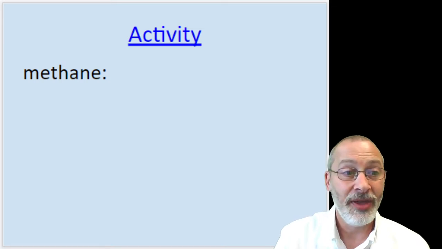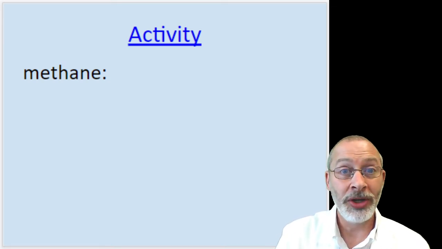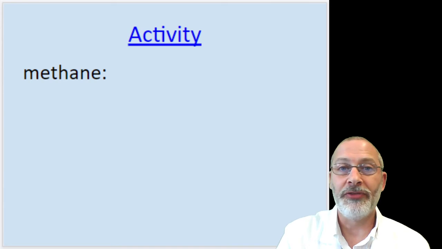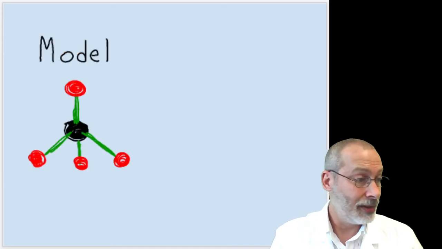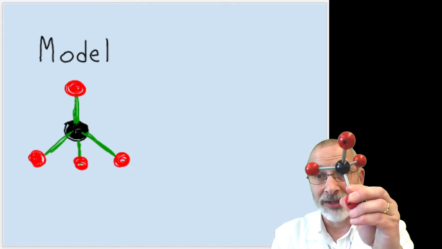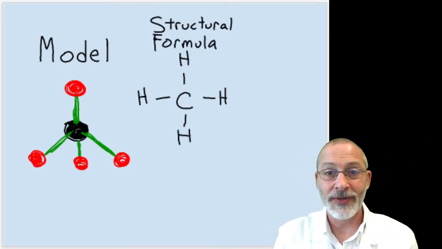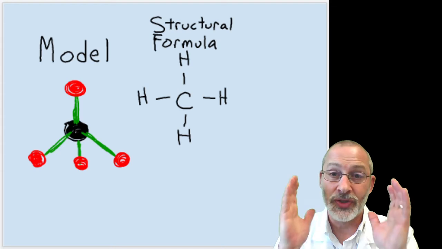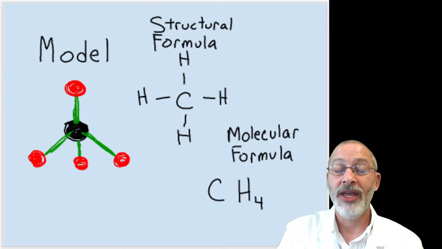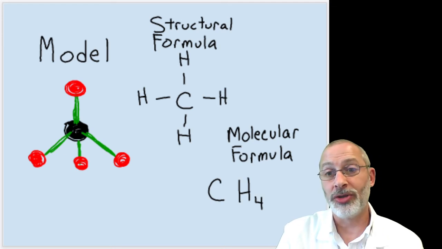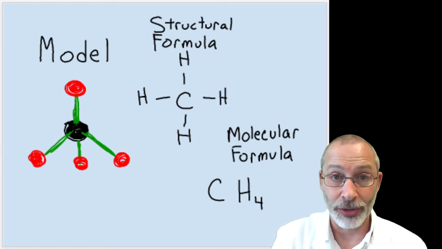The meth refers to one carbon, ane refers to single bonds. So creating a model in 3 dimensions gives you this. Manipulating the model so that you can see it head on will help you write the structural formula. And from the structural formula, you can write the molecular formula.